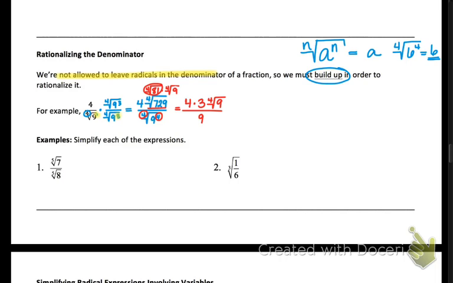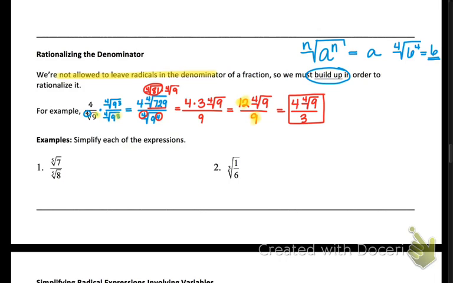Now we can try to simplify that. You could get 12 times the fourth root of 9 over 9. And then remember, we still need to consider our fractions. 12 over 9 does simplify to 4 over 3. And so your final most simplified answer would be this.